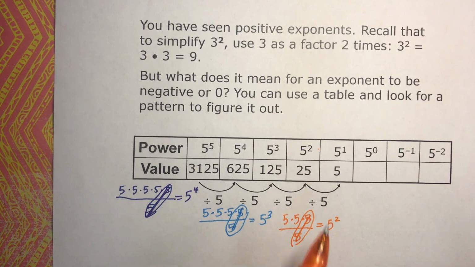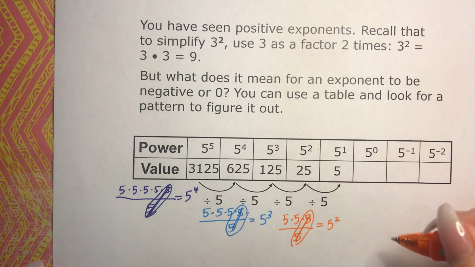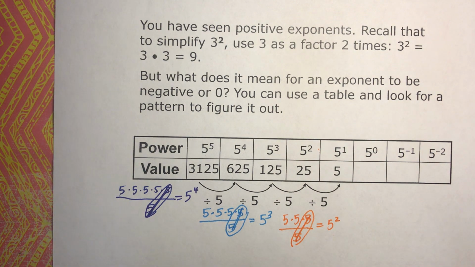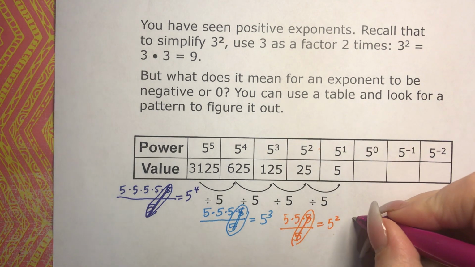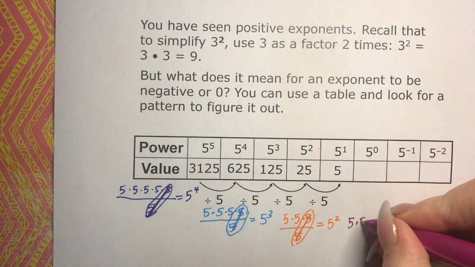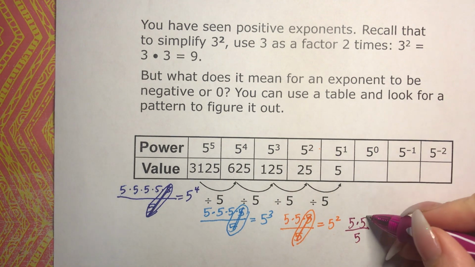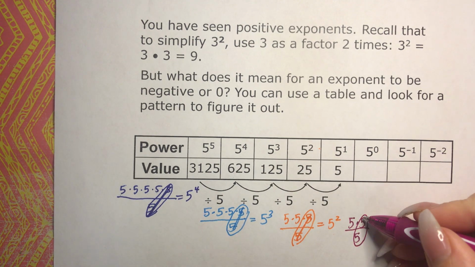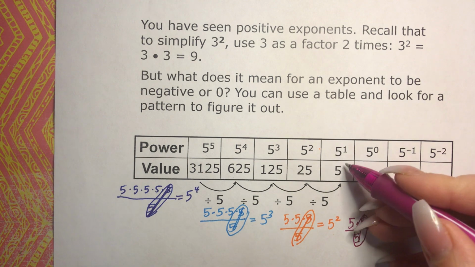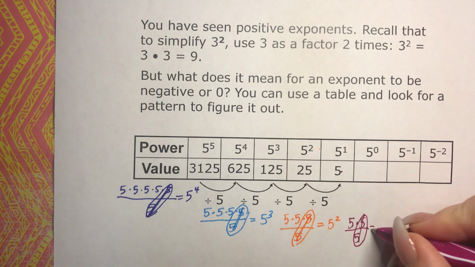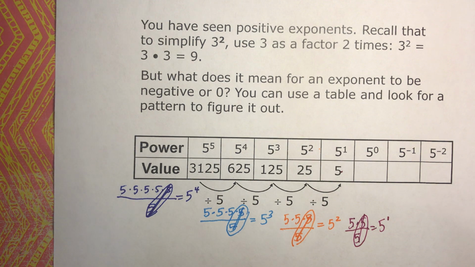Well, what happens when we take 25 and divide it by 5? Well, 25 is 5 squared, which is the same thing as 5 times 5, right? Well, what happens when we divide that by 5? What do we have here? 5 divided by 5 is 1, which means that's why we're left with 5, or 5 to the 1st power.